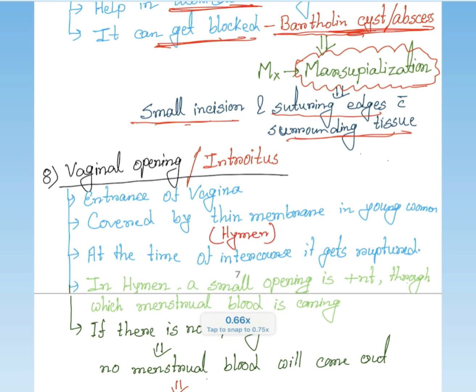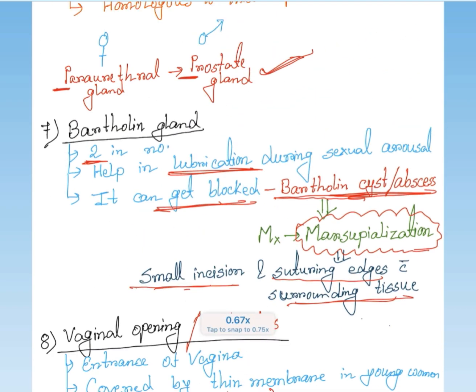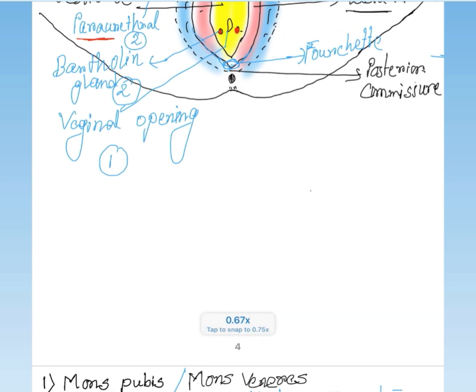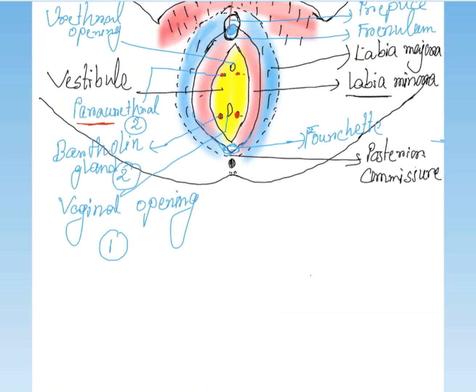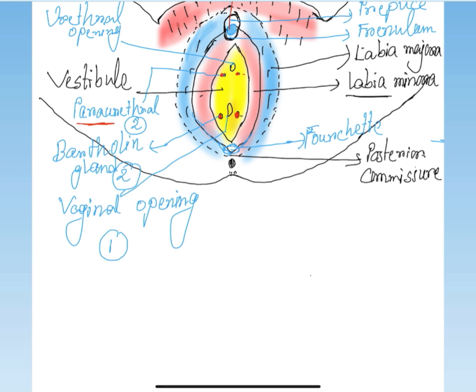Now coming to your last portion, that is your vaginal opening or your introitus. Okay, so where is your vaginal opening? Here in this picture, here is your vaginal opening, in this portion, this one.